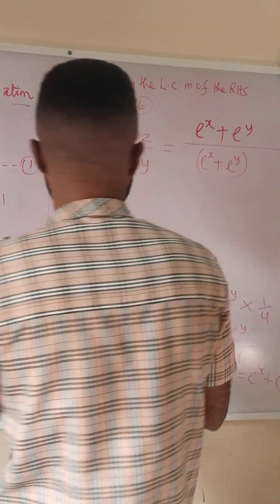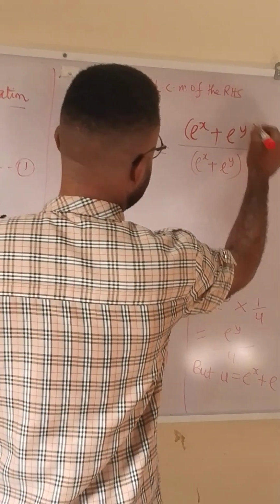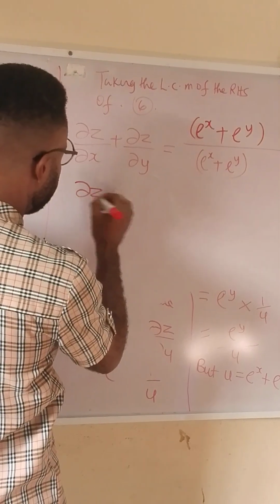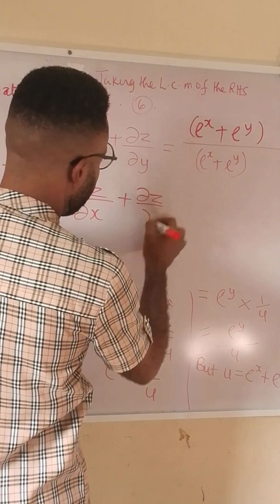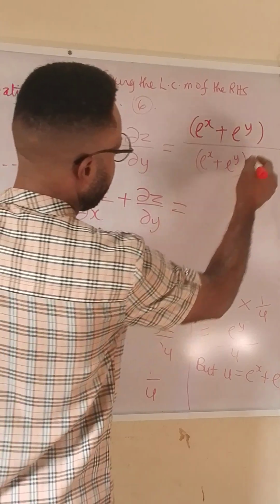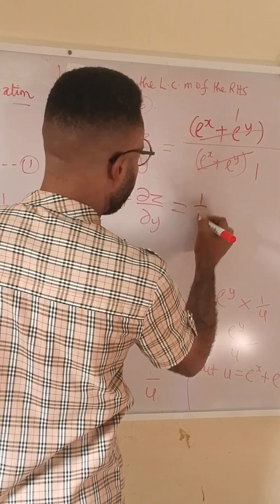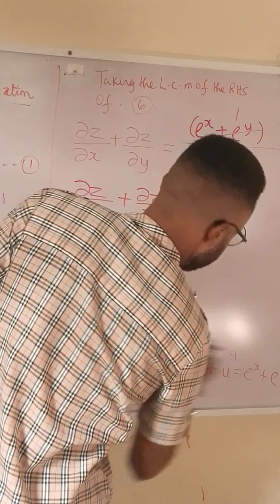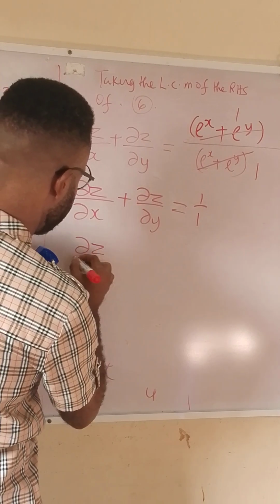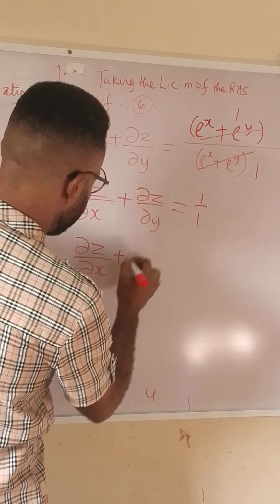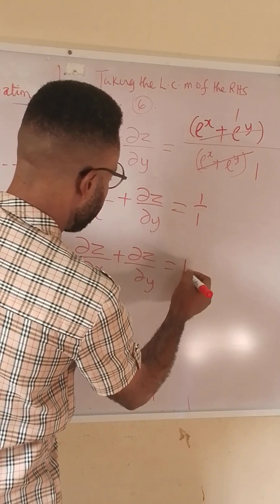So if you have that, you can decide to put it in brackets. So the partial derivative of z with respect to x plus that with respect to y will be equal to, we cancel out here, this is 1 and this is 1, so this will give us 1 over 1. So we have the partial derivative of z with respect to x plus that of z with respect to y equal to 1 divided by 1, which is 1.